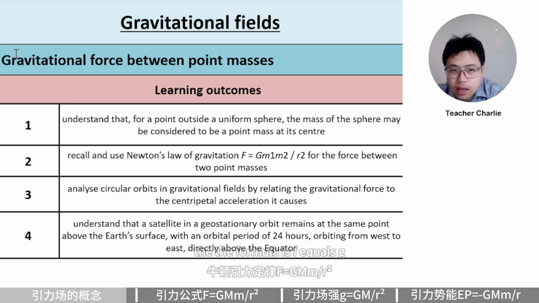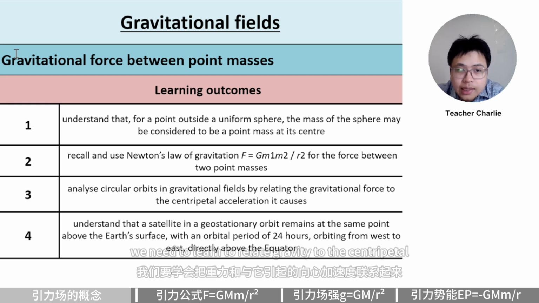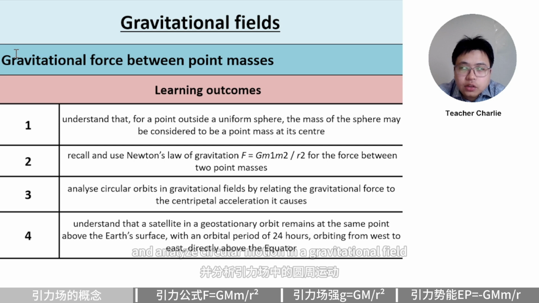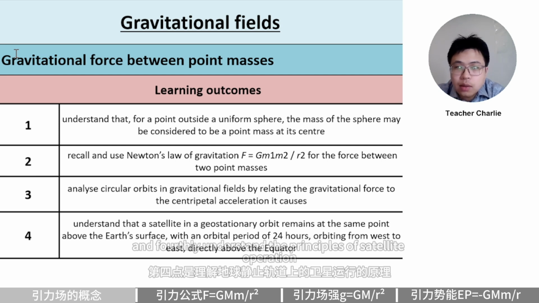The formula is F equals G m M divided by r squared to calculate the force between two particles. And thirdly, we need to learn to relate gravity to the centripetal acceleration it causes and analyze circular motion in a gravitational field. And fourthly, understand the principles of satellite operation in geostationary orbit.